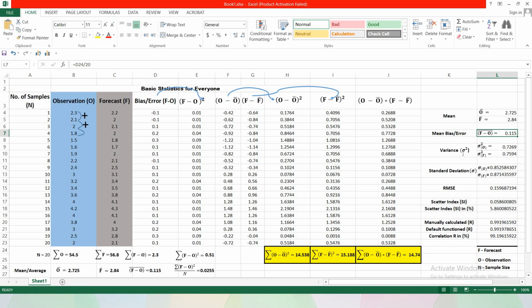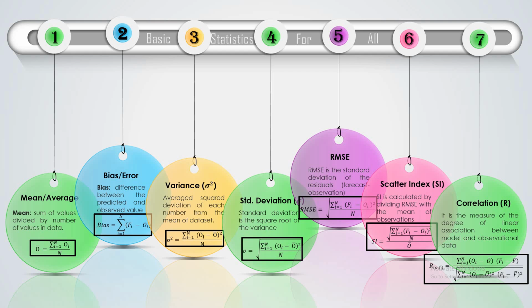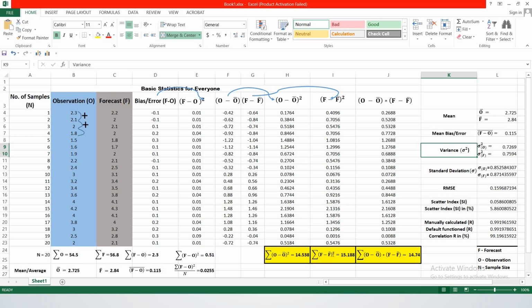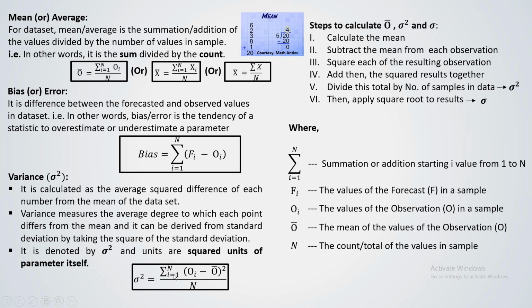And coming to the variance, of course we have a formula for the variance: the summation of the square difference between the observation and the mean of the observation, divided by n, right? If you see clearly, we have computed the numerator of the variance. Is the summation of the square difference between the observation and mean of the observation the same as the numerator of the variance?